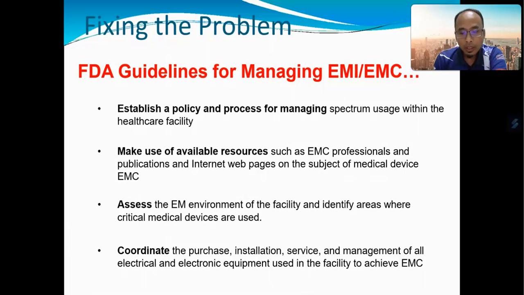This is because some zones are more vulnerable, in which they host critical life supporting devices such as in the ICU. So we need to assess each area because they have different immunity levels of EMI and also EMC.